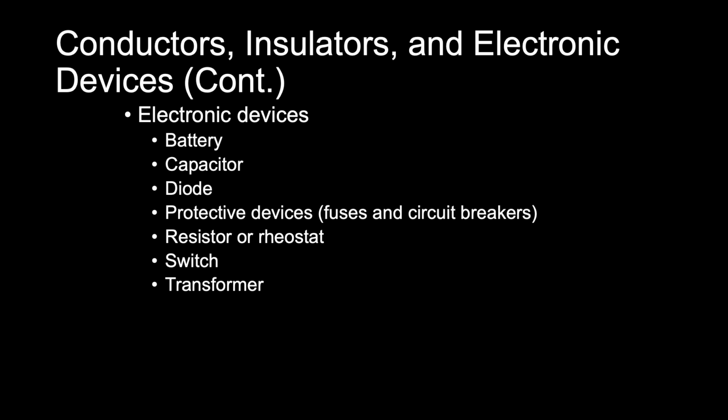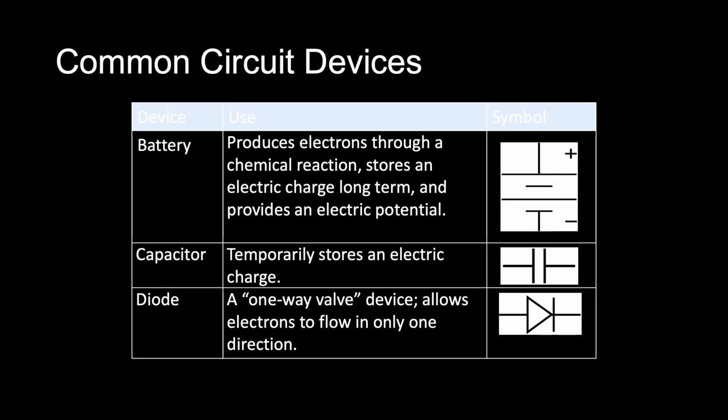Battery, capacitor, diode, protective devices like fuses and circuit breakers, resistor or rheostat, switch, and transformer. A battery is a device that produces electrons through a chemical reaction, stores an electrical charge long-term, and provides an electric potential.